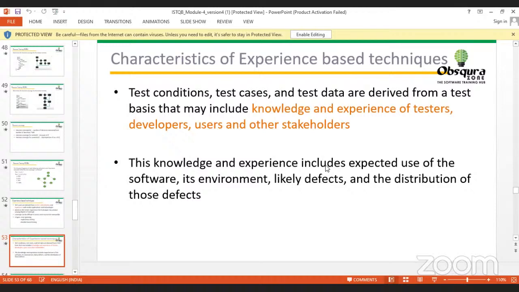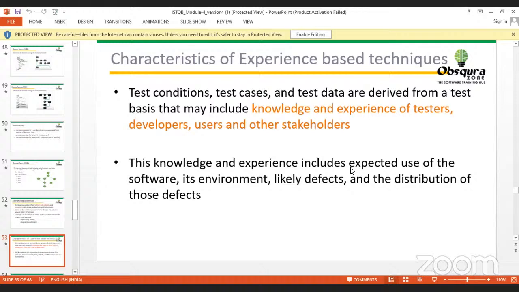This knowledge and experience includes expected use of software, its environment, likely defects, and the distribution of those defects. So what is the usage of that system, what is the environment for that system, and what are the defects and how those defects are distributed in the system.